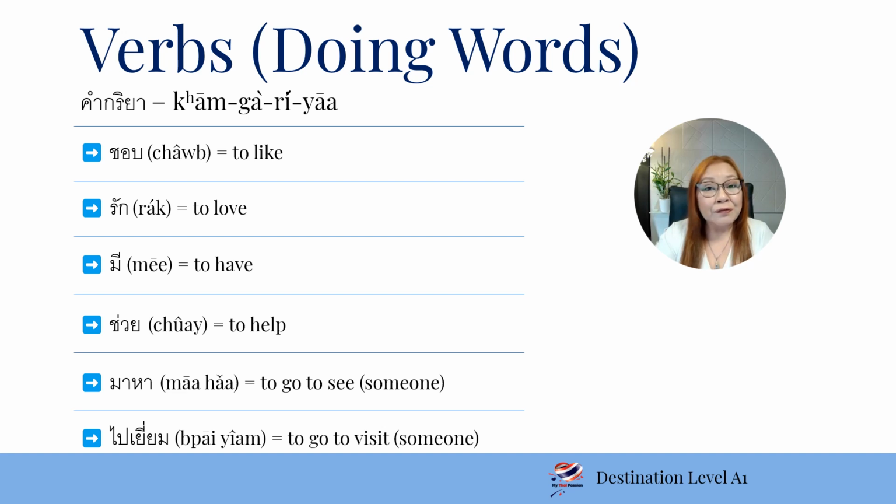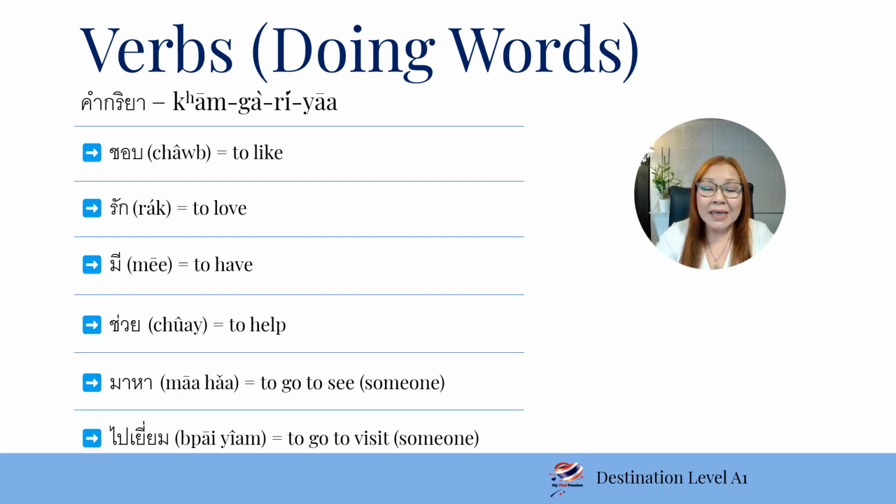The first one on the list is ชอบ, falling tone, ชอบ, which means to like. This means to like something, as in you don't hate it. Okay, everyone, it's not would like something. The second one is รัก, high tone, รัก, which means to love.